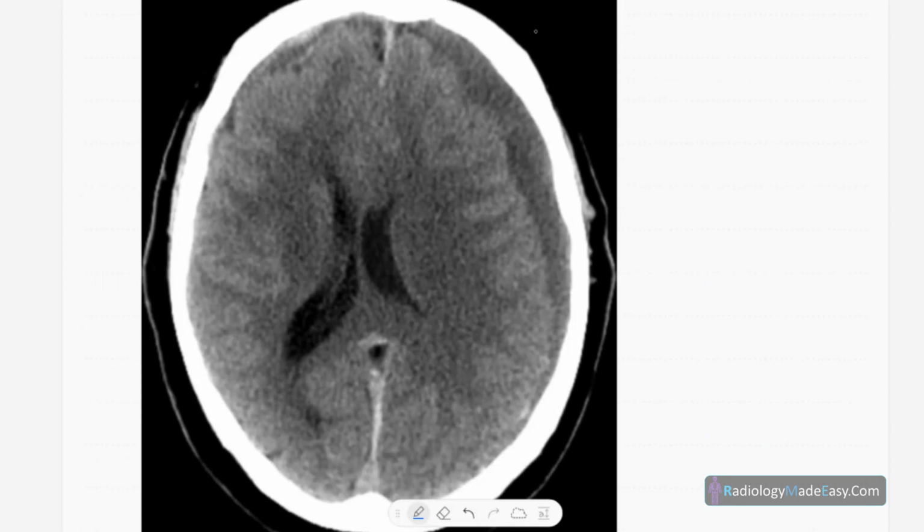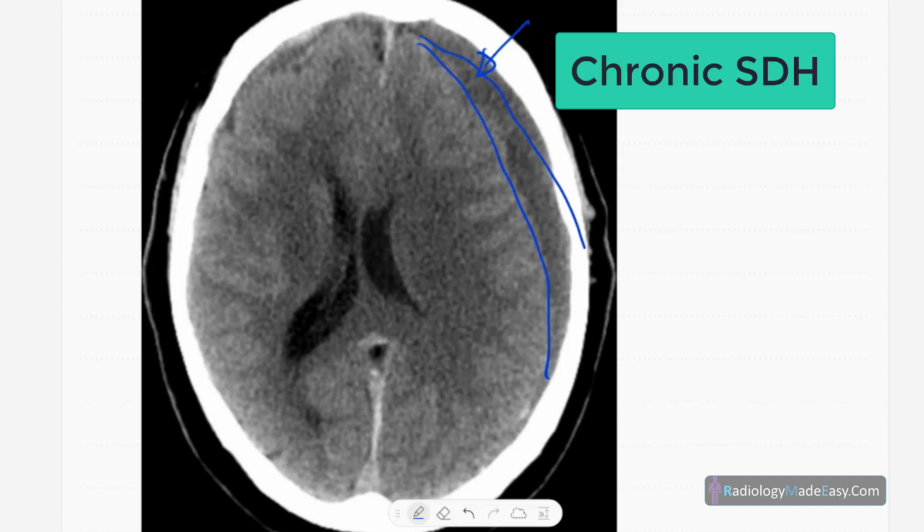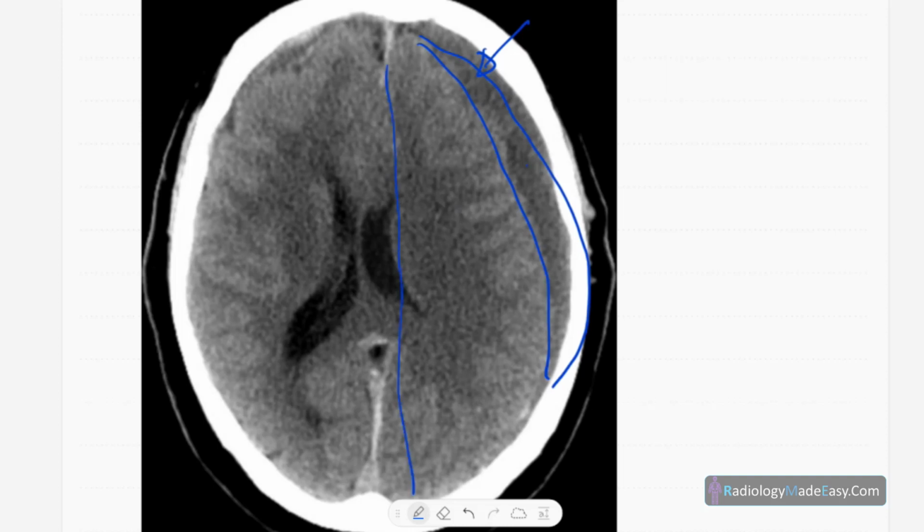Then chronic ones are low attenuation. You can see it's also crescent shaped, so it's a chronic SDH. There's a midline shift, you can see, shifted to the right side.